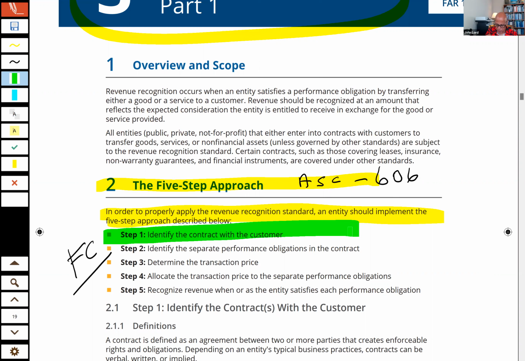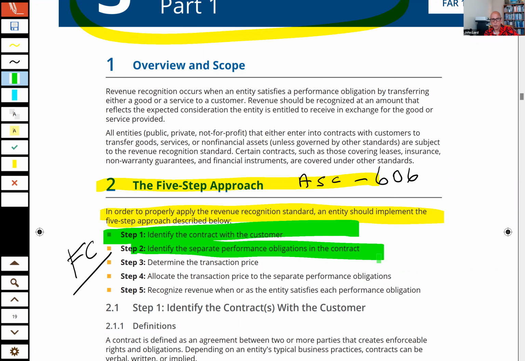So we're not going to get into that here. Okay. Then what we need to consider are the performance obligations in the contract. So when you look at a contract, it could be just one performance obligation. I am to deliver to you a piece of equipment. That's just one performance obligation. There could be what? Multiple performance obligations in a contract.